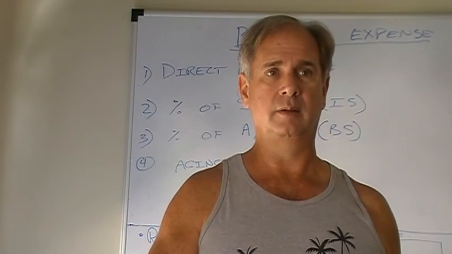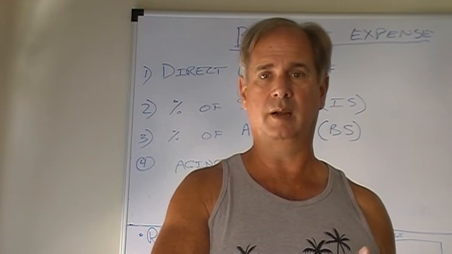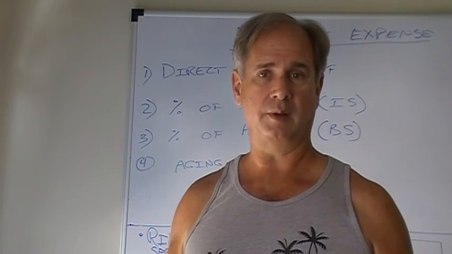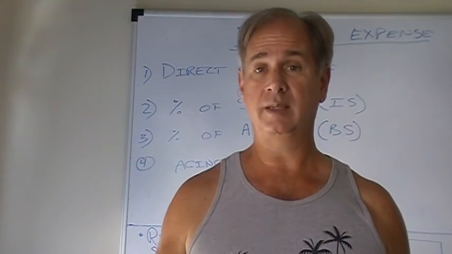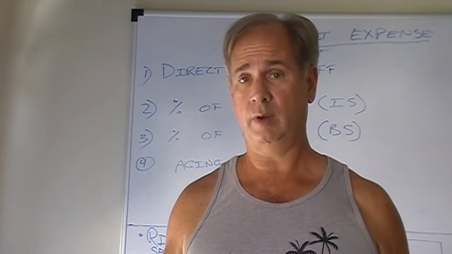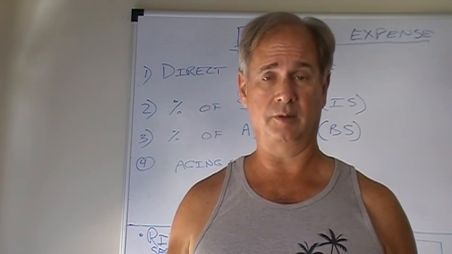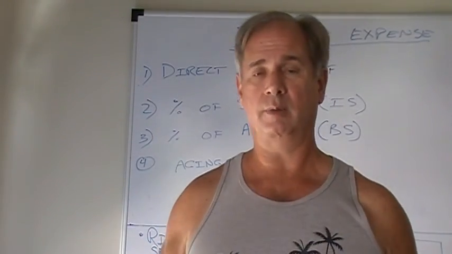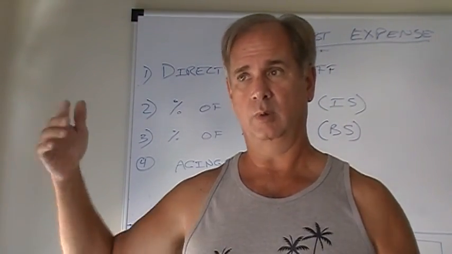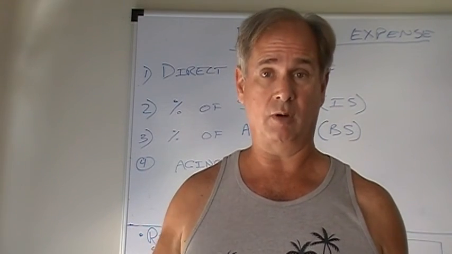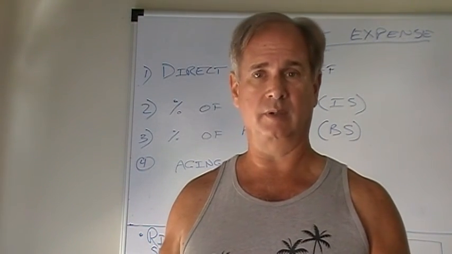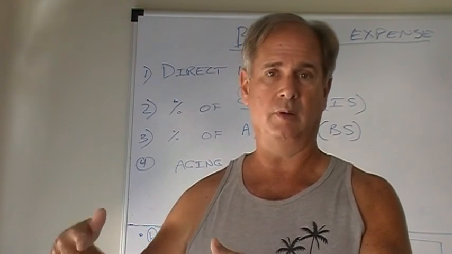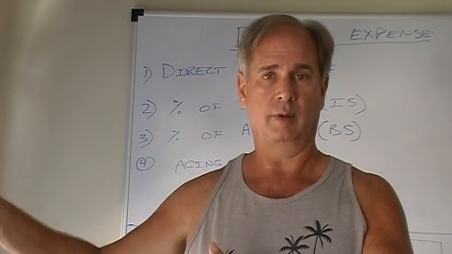I calculate, based on the percentage of accounts receivable, the allowance for doubtful accounts needs to be $100,000. That's a $1,000 difference. So I'm going to debit bad debt expense for $1,000, and I'm going to credit allowance for doubtful accounts for $1,000 and bring it up to the balance of $100,000. And then, just like with the other allowance method, once I get to a point where I decide somebody has gone bad, I debit allowance for doubtful accounts for that amount, and I credit the account receivable, Mr. L, Mr. Z, whatever, for the appropriate amount.